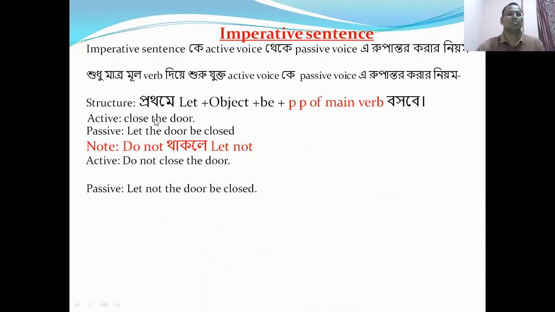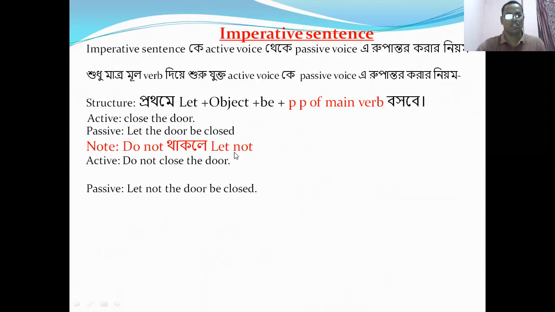This is an imperative. How can we know it is an imperative? Because it begins with a verb. Let's make it passive. Here, since it is an imperative sentence, let will be used.